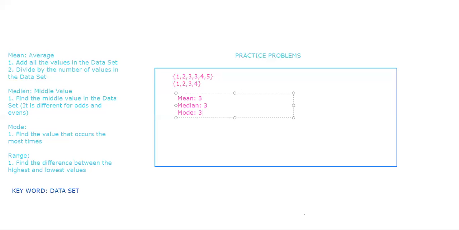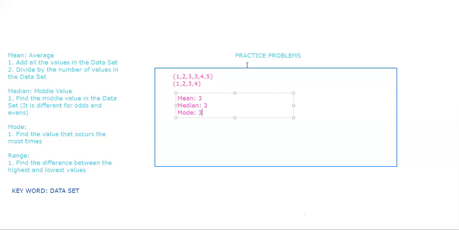Sometimes there's no mode because all the values in the dataset only occur once. When this happens, we can write not applicable, NA, or no mode. This way, the person who is checking our work can see that there was no mode for this question.